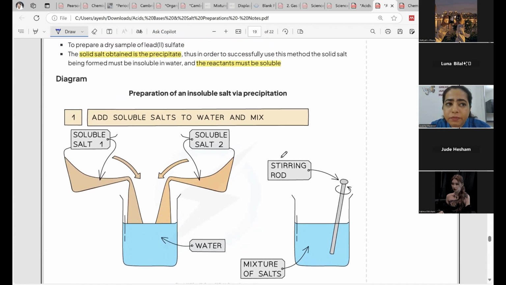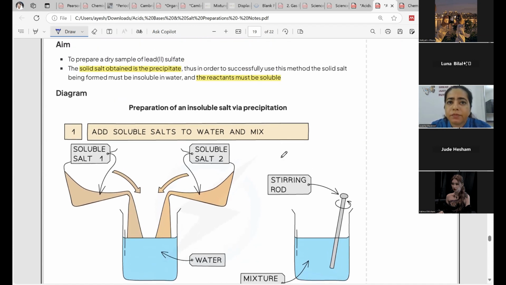But when we use lead oxide and sulfuric acid, as they're saying, first of all it will be neutralization. We know that. Neutralization is when acid and base react, acid and alkali react. They are taking acid with one salt.